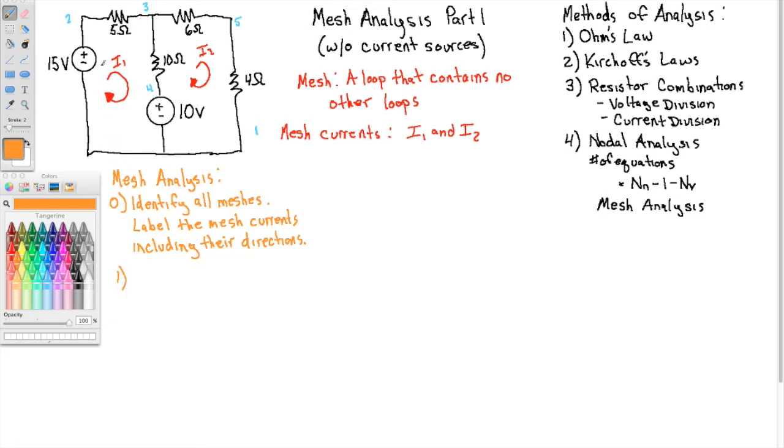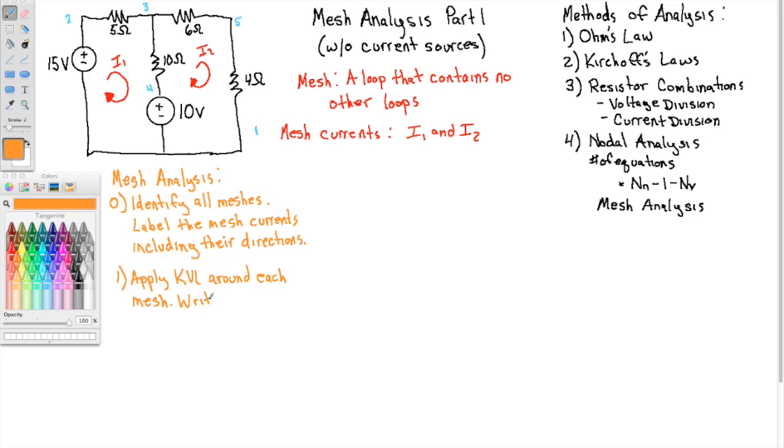Now, if you follow nodal analysis, you'll see that there's something similar here. We're going to apply KVL around each mesh.